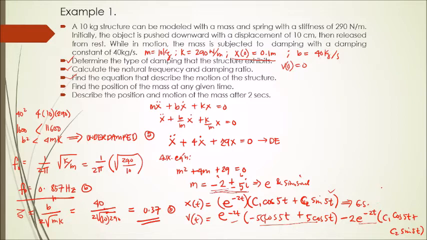And then we can substitute the initial conditions. x0 equal to 0.1, and here, no, diri at the substitute.